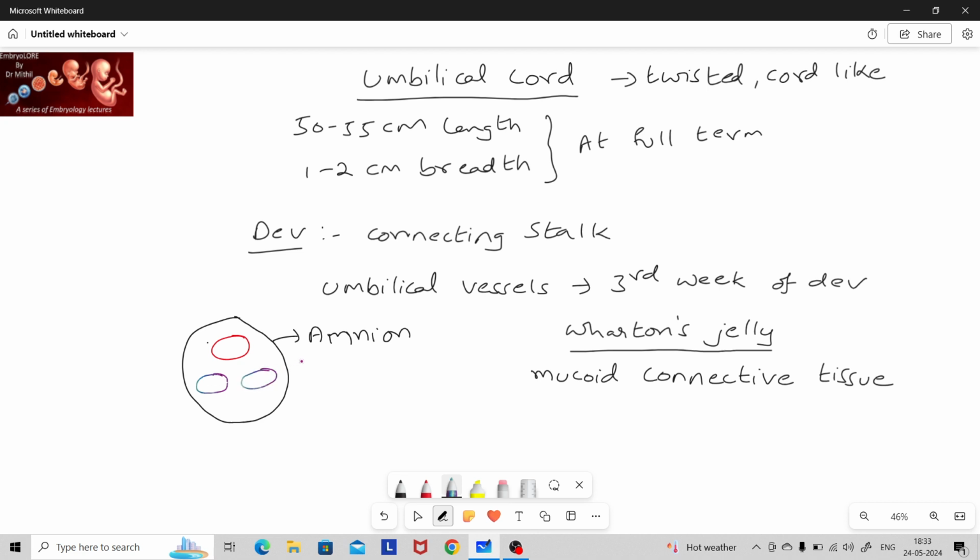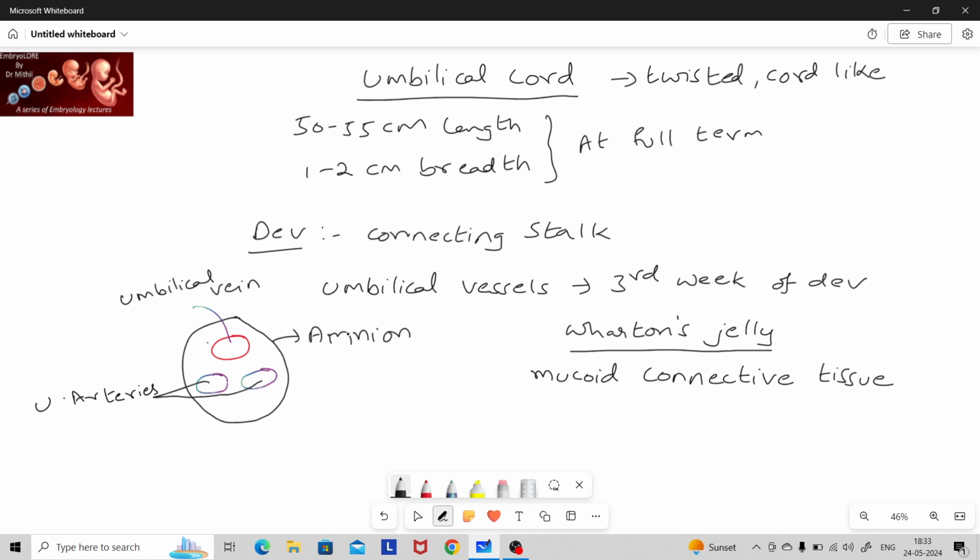So let us label: the upper one is the umbilical vein, and these are the two umbilical arteries.